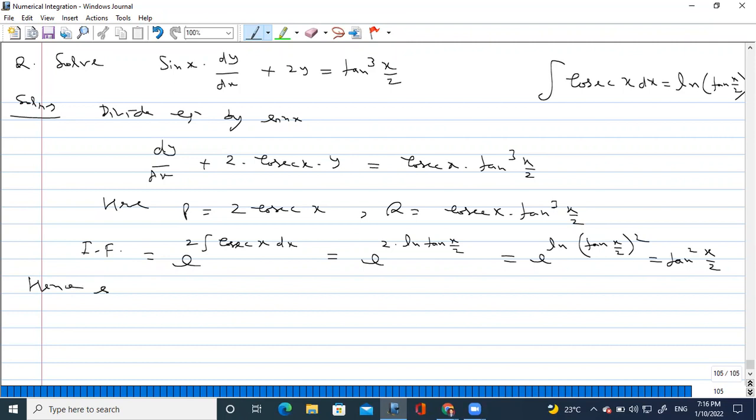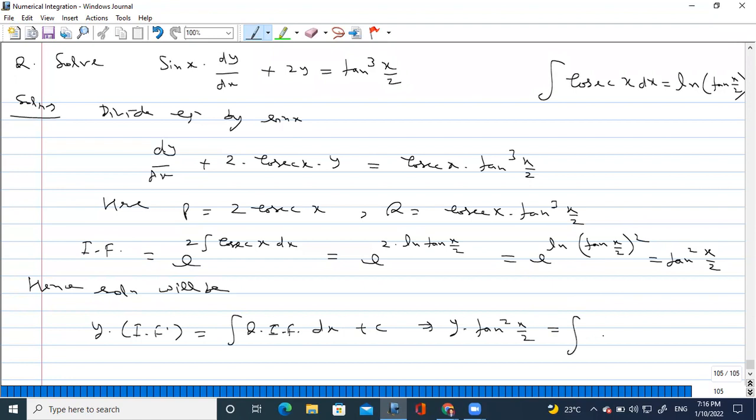Hence, the solution will be y into integrating factor is equal to integration of q into integrating factor dx plus c. So you apply here. So y into integrating factor, which is tan square x by 2, will be equal to the integral of q.